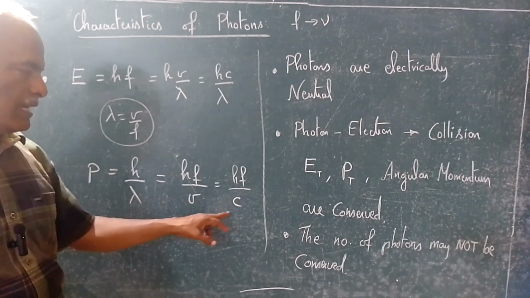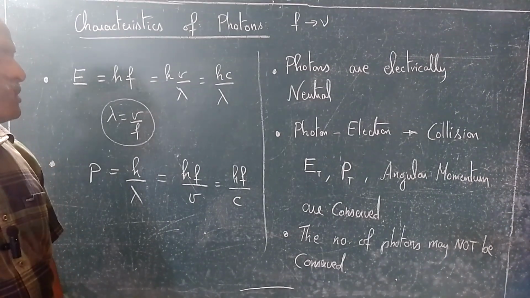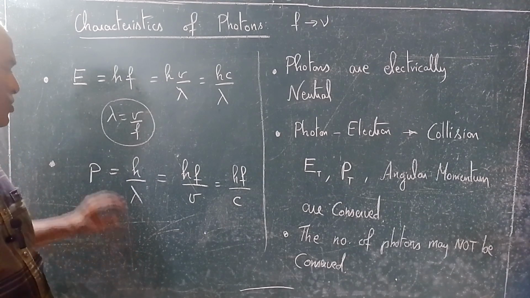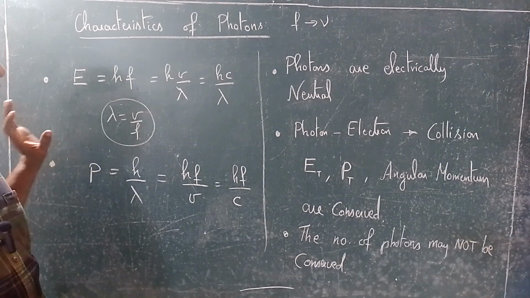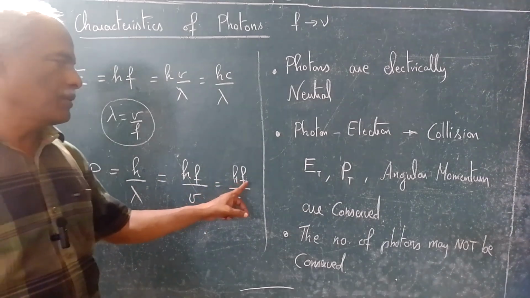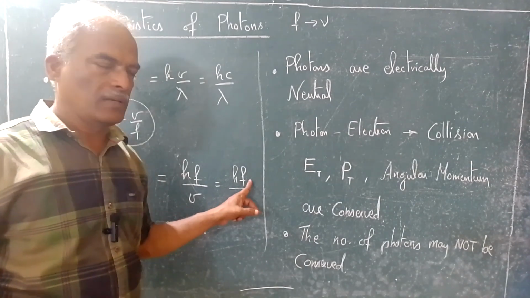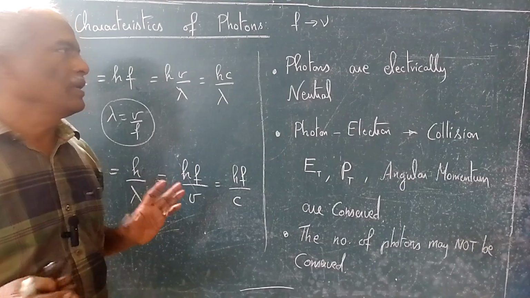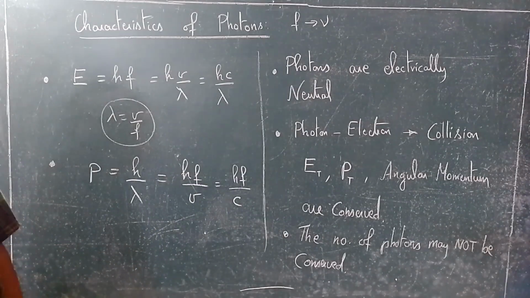This velocity of light, that is c, 3 into 10 power 8 meters per second, that is also constant. So the momentum of the photon is directly proportional to the frequency. That means if frequency increases, momentum also increases. This is the third point you have to remember.